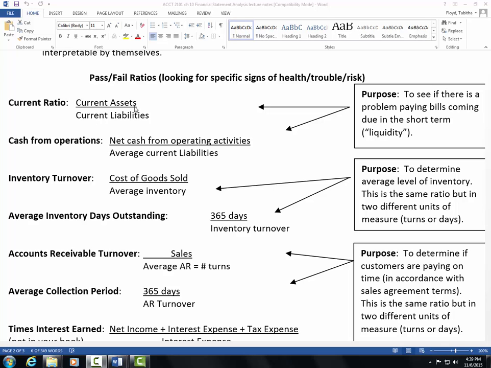You could have inventory, accounts receivable, supplies, even prepaid rent and prepaid insurance. Those are all considered current assets. But you can't really pay your bills with some of those assets, right? So that's why this measure is important.